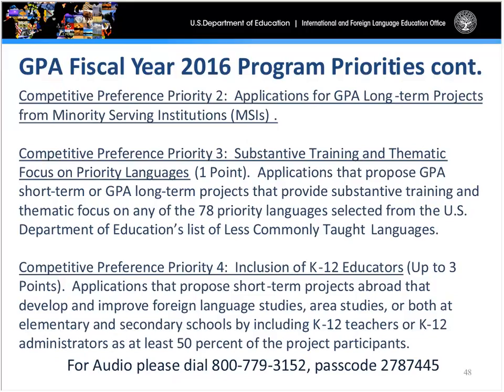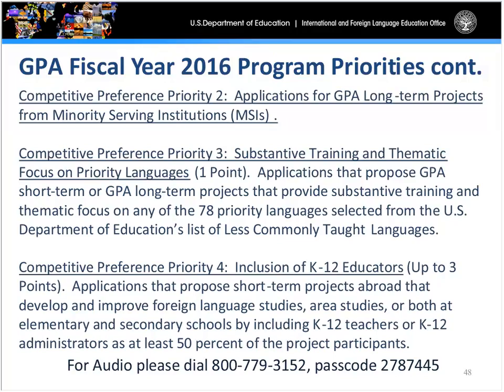And also just to let you know, a note about the absolute priority, the specific geographic regions of the world. As you are thinking of the countries for which you'll travel, the State Department provides the U.S. Department of Education, and specifically our office, IFLE, the International Foreign Language Education Office, with areas that are available to travel.